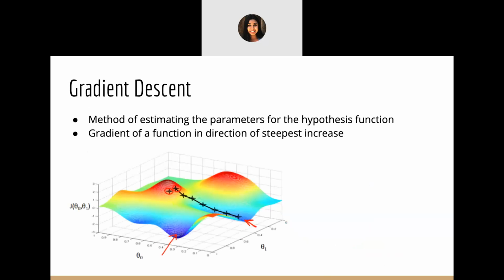This is a 3D representation of what gradient descent looks like. You start from some higher point, and you're trying to go slowly towards a global minimum.